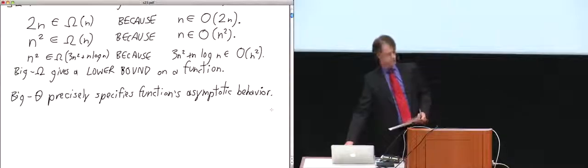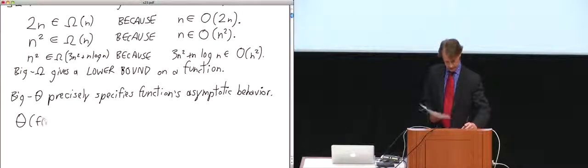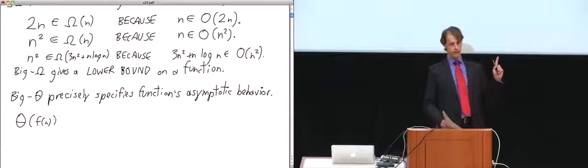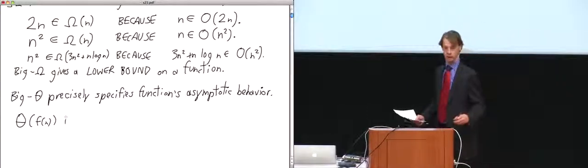And so here's the formal definition of big theta notation. Theta of a function f of n is the set of all functions that are in both big O of f of n and big omega of f of n.